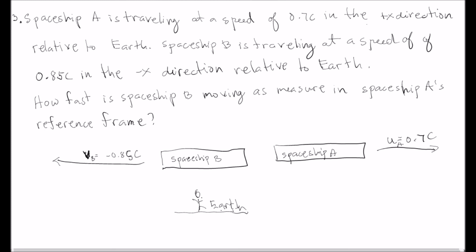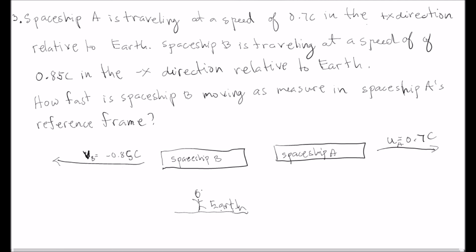Okay, so if this is the observer on Earth, Earth is the rest frame, spaceship A is moving to the right, so it's moving in the positive x direction, and spaceship B is moving in the opposite direction, so it's moving to the left relative to Earth.